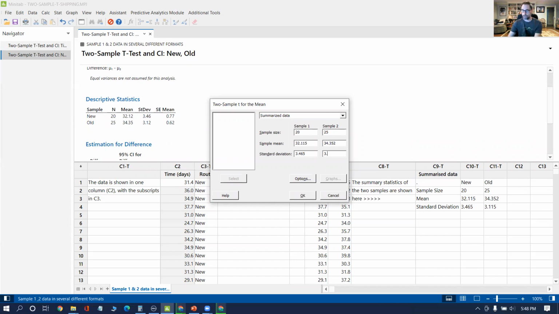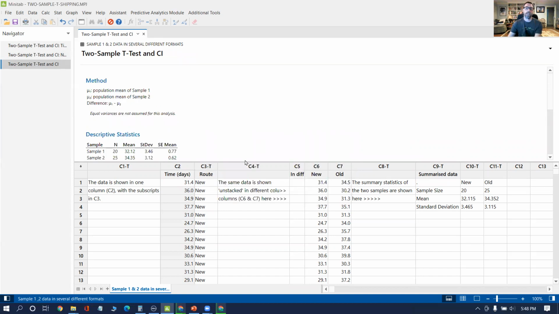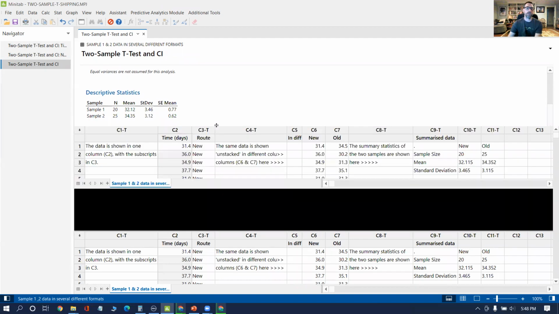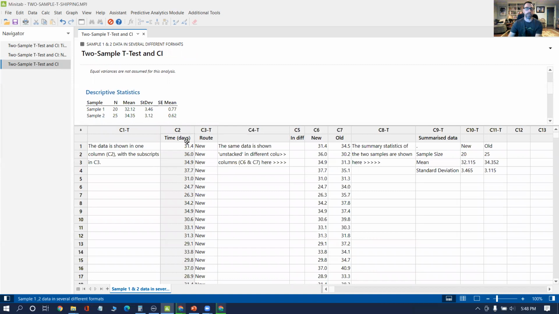Standard deviation is 3.115. Okay. Again, I get the exact same results. It's a lot simpler when your data is arranged in one column with the subscripts or the groups, the names of the two groups, in another parallel column. So that's a two-sample t-test. Thanks very much.